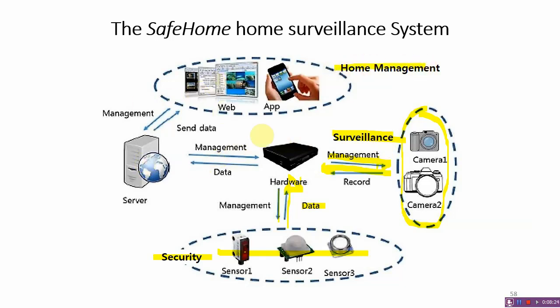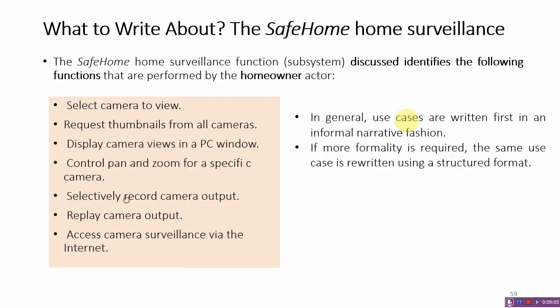In home management, the end user can check the data on his mobile phone or through the web. The end user can give instructions and can monitor the whole surveillance system information on either the app or the web. The data required for this app is received by the hardware, and the instructions are given to the hardware by the server.